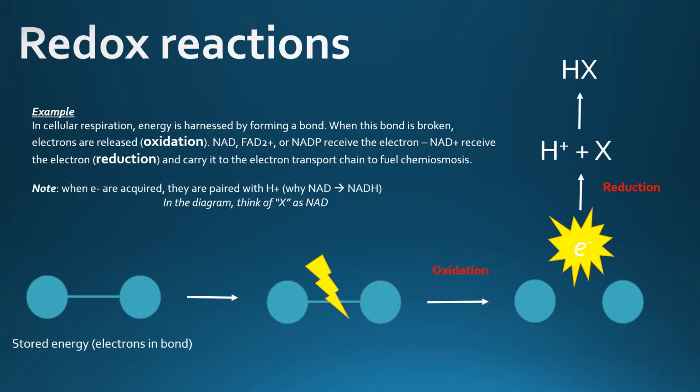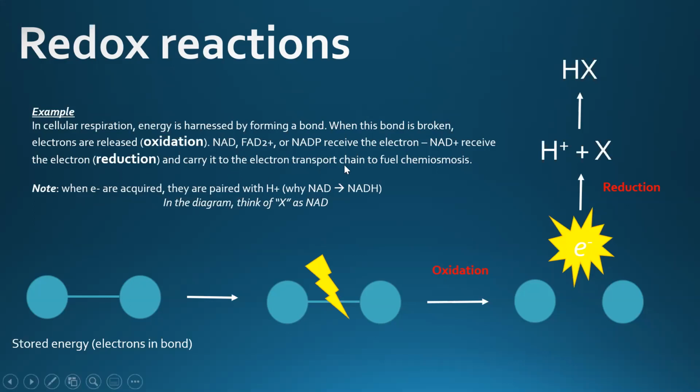So when NAD receives the electron, okay, it has the hydrogen, because we're going to talk about later on, electrons are not on their own. We do not have the ability to undergo subatomic reactions. This is all basically the movement and transfer of hydrogens, okay?